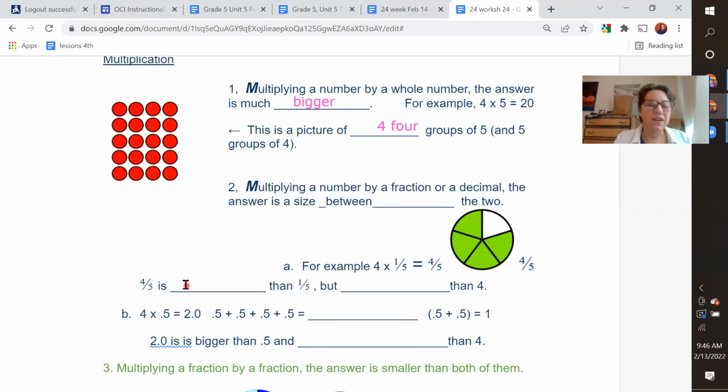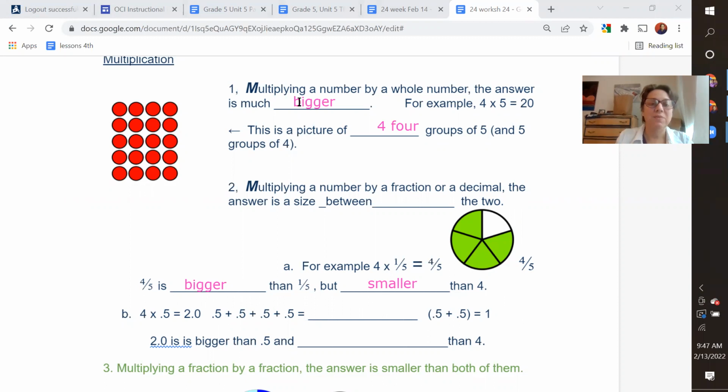So 4/5 is bigger than 1/5, but 4/5 is smaller than 4, because it's even smaller than 1. This whole circle is 1, but 1/5 is so small, and 4/5 is still not big.